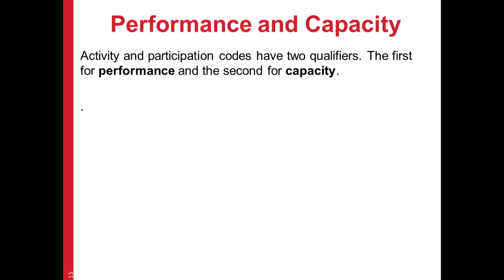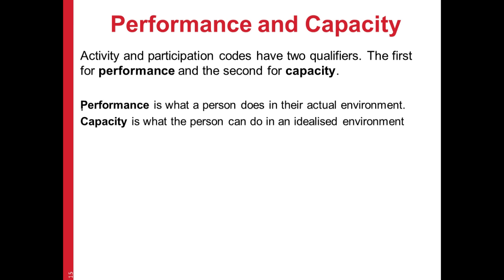Activity and participation are actually described by 2 qualifiers. That's the value that tells us how much or little a person has. The 2 qualifiers are performance and capacity. Performance is what a person does in their actual environment, in their everyday lives, whereas capacity is what the person can do in an idealized environment.